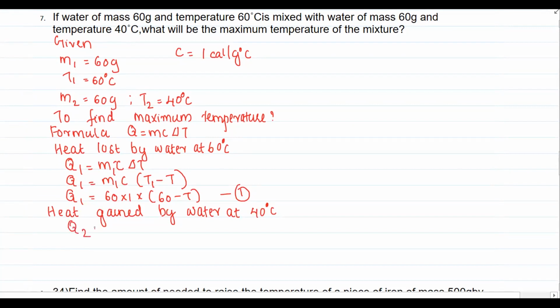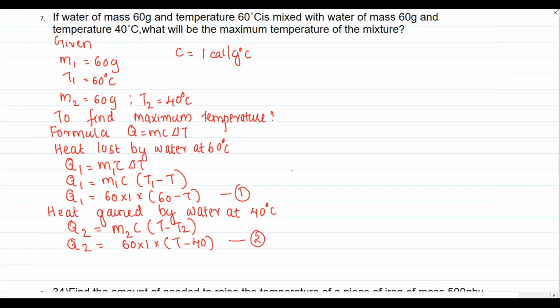Q2 is equal to M2 C delta T. Here delta T will be higher temperature minus lower temperature. It will gain heat, so its heat will increase. So we can write T minus T2. On substituting the value, Q2 is equal to M2, mass is same, 60 into C is 1 into T minus 40 will come. Okay, let it be equation number 2.